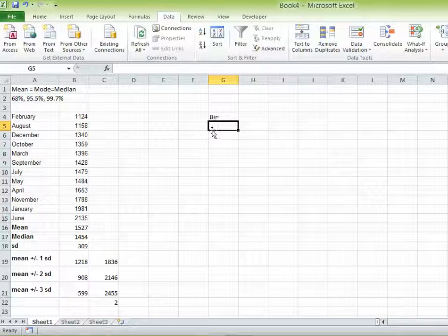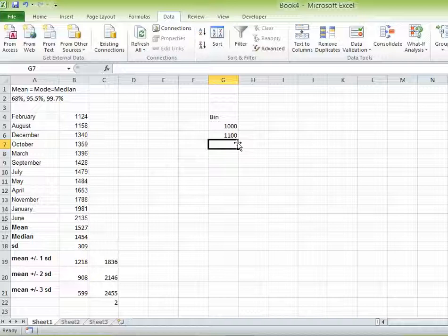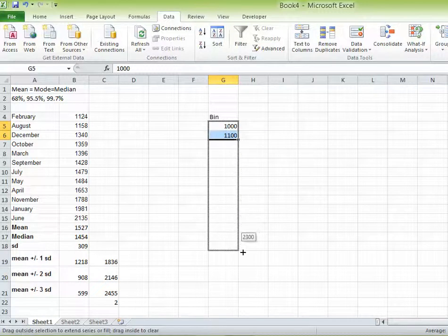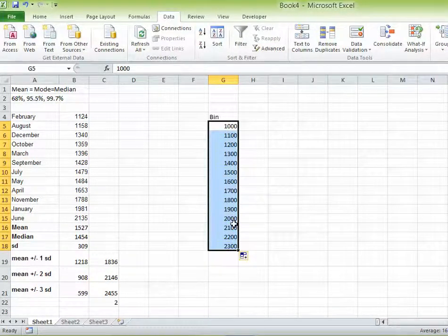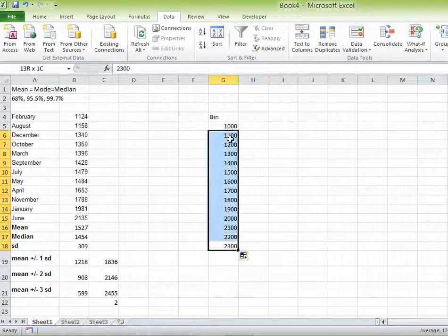Let's see. Bins, I'm going from about 1100 up to 1400. I think I'm going to try 100 at a time. So 100. Well, there's not that many values. Well, let's see. How many bins will this give me? I think I'm going to go back to 1200.